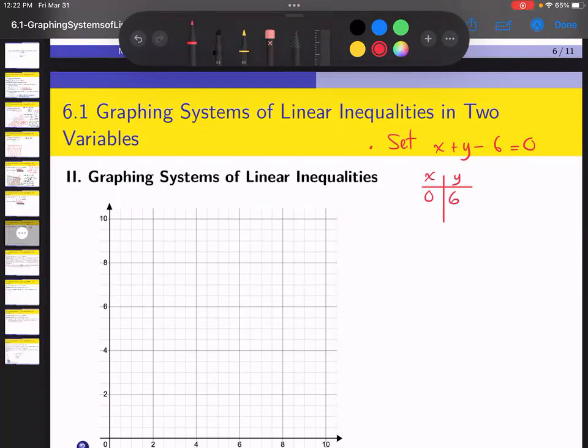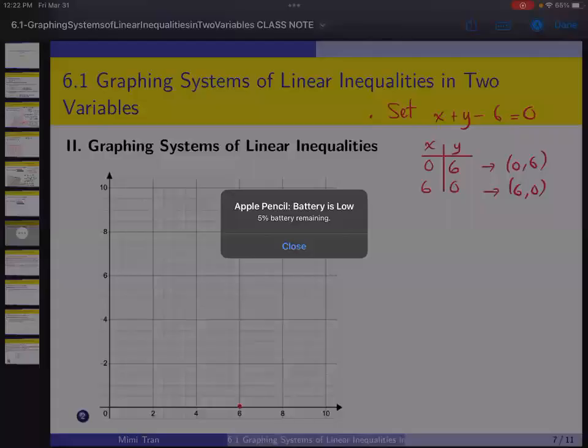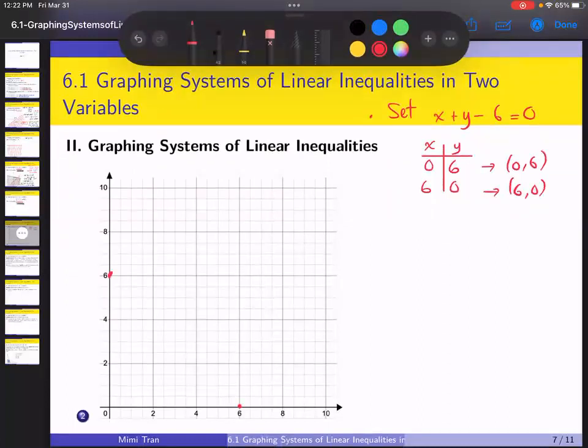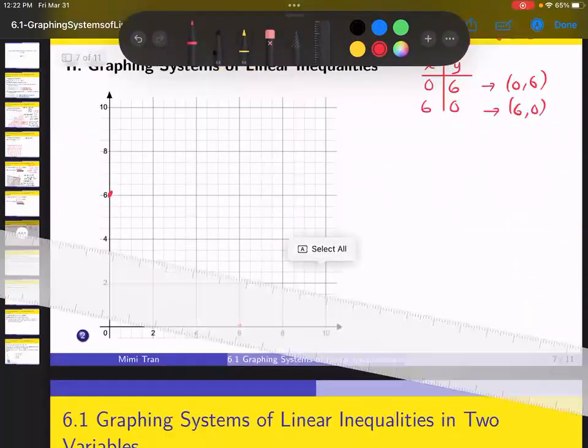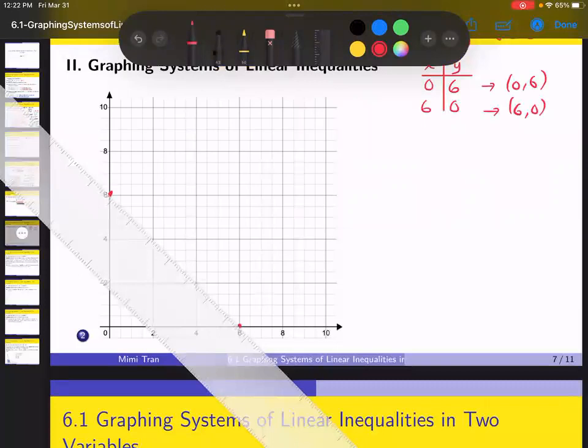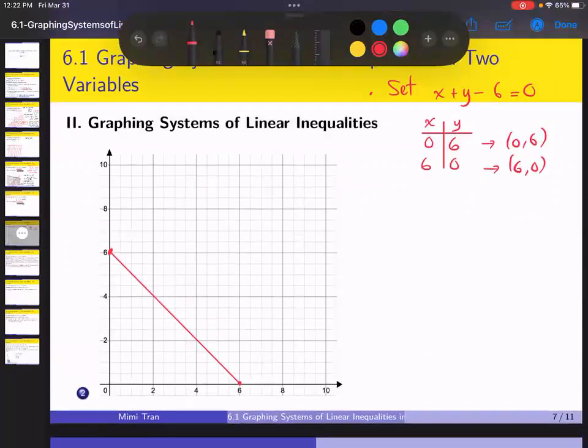If I let y equal 0, x is also 6. It's going to be solid, both of them. I only care about the first quadrant. I don't bother to extend my line to other parts.